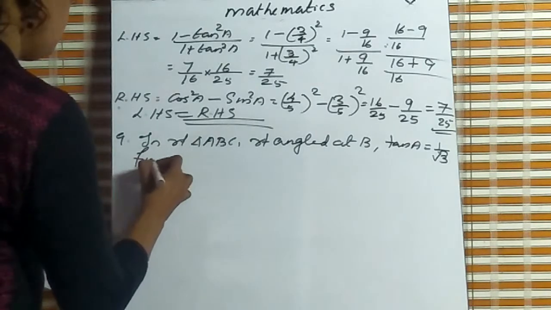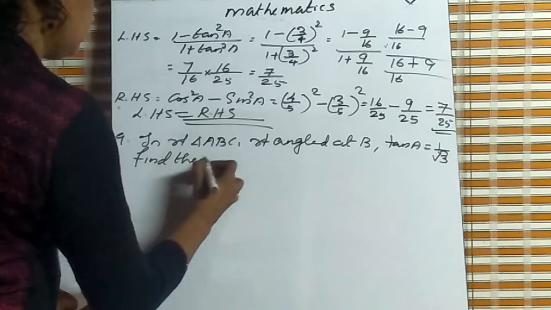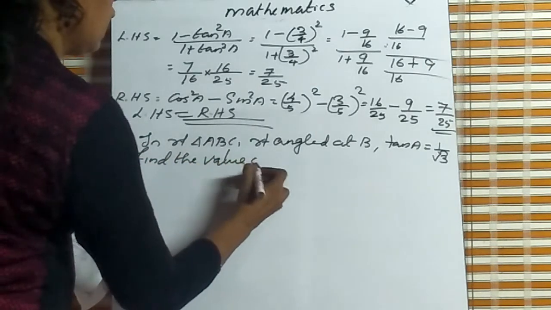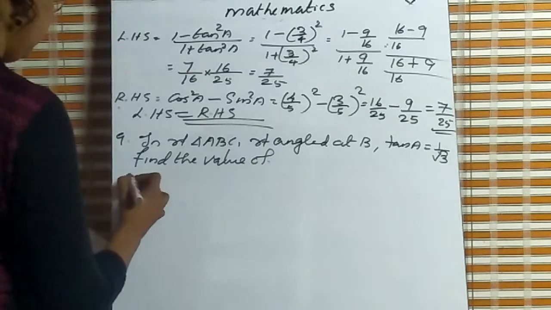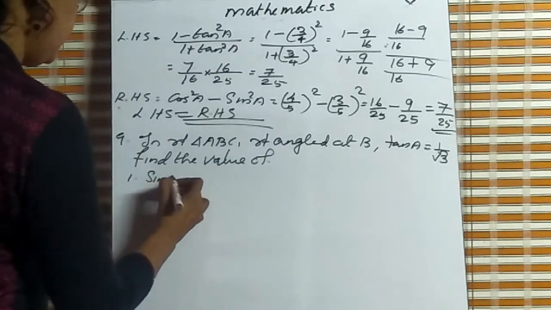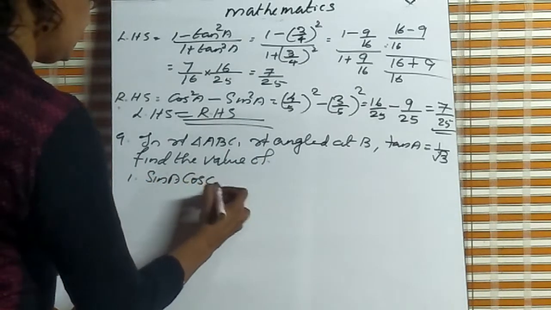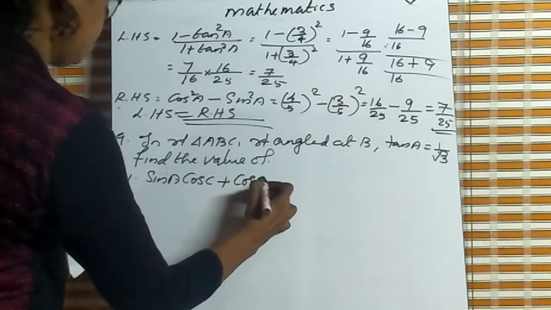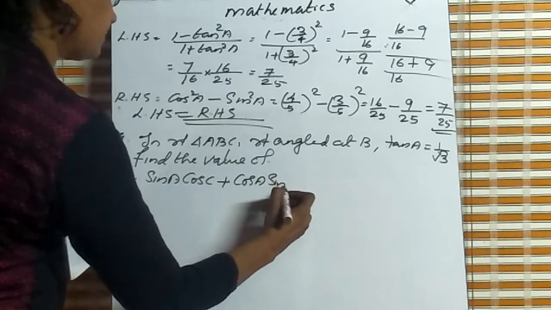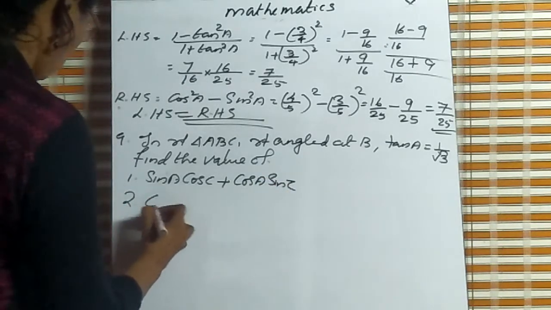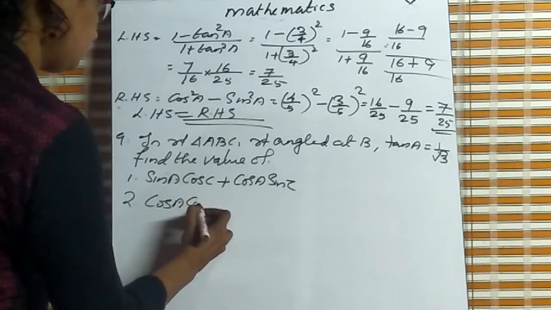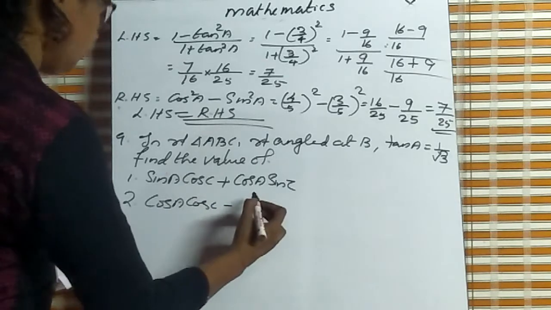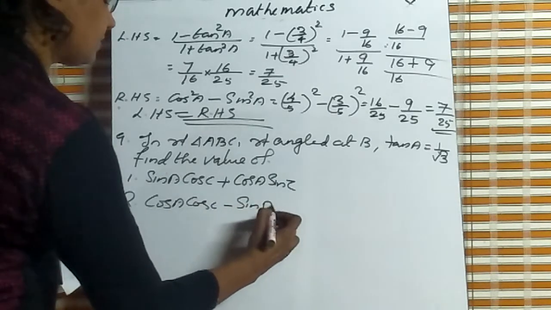Find the value of: one, sin A cos C plus cos A sin C; two, cos A cos C minus sin A sin C.